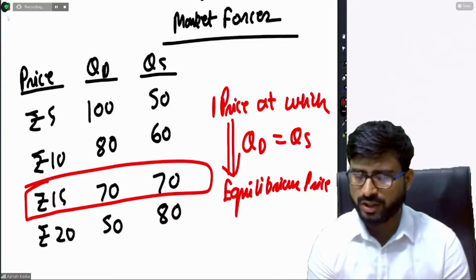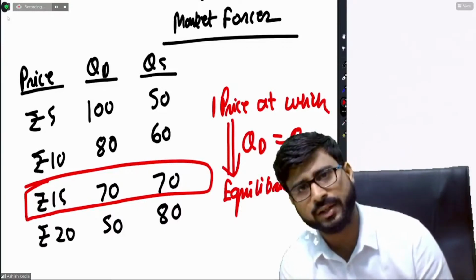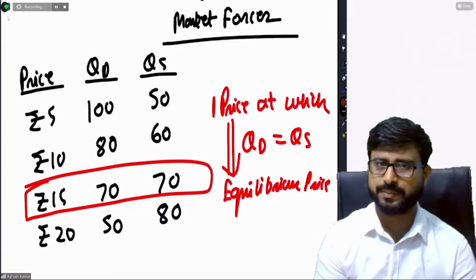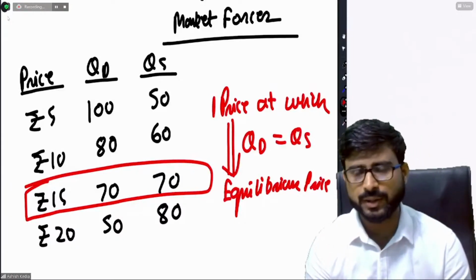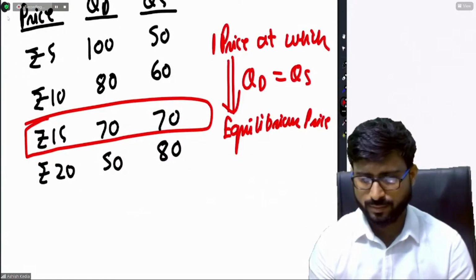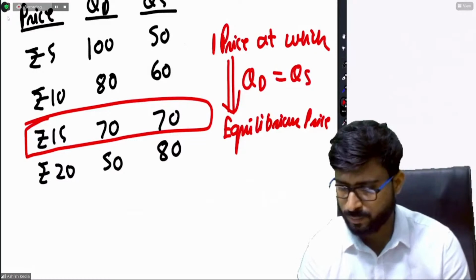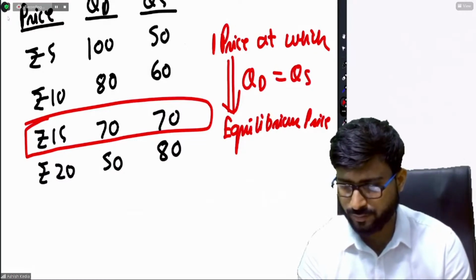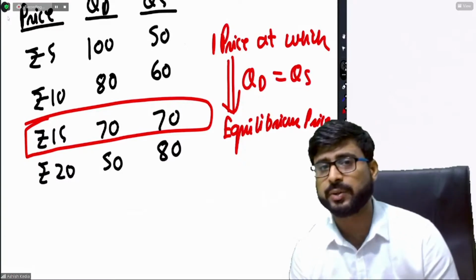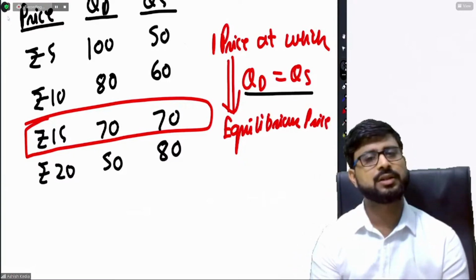Okay? That price is known as equilibrium price. Got it, everyone?